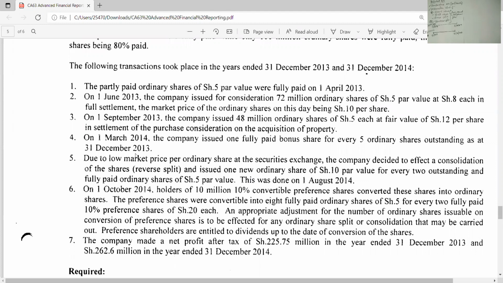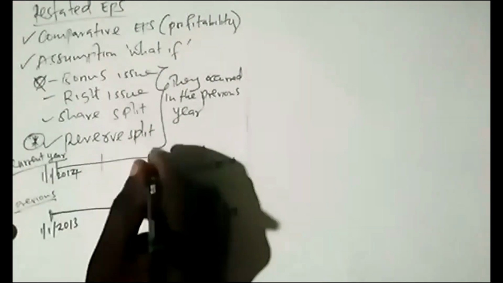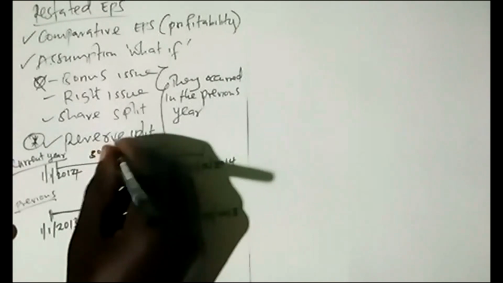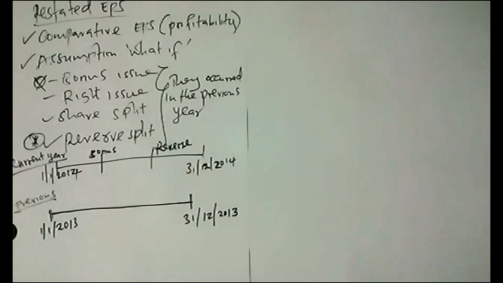So the bonus occurred in March 2014. Even the reverse split occurred 1st August 2014. So both the bonus and the reverse split occurred in this year.